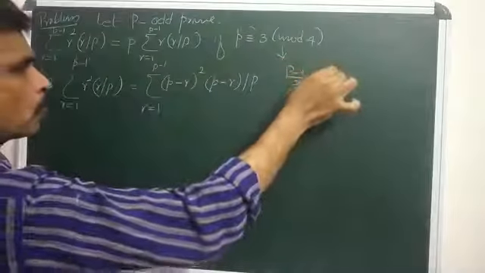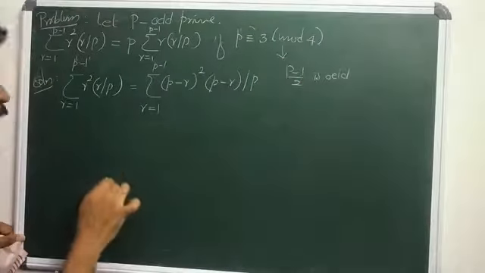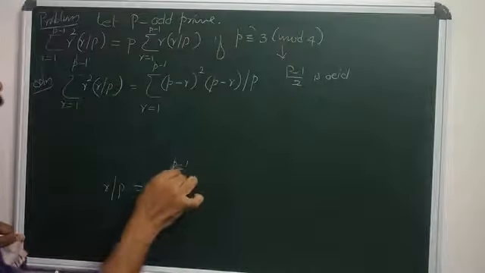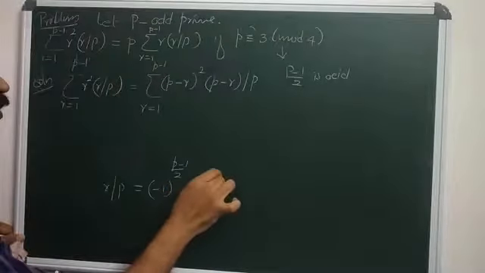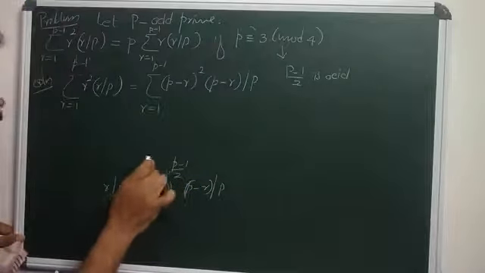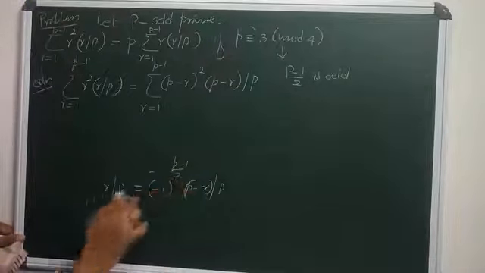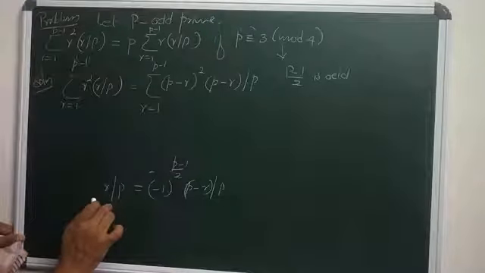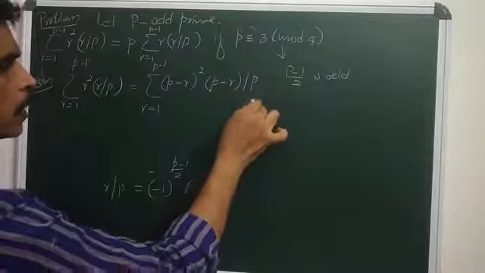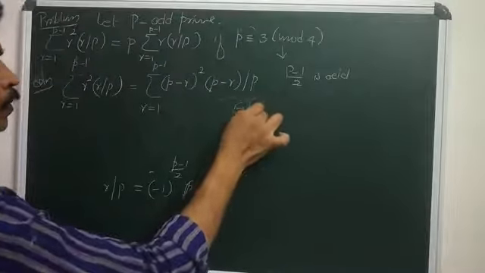So when P is congruent to 3 mod 4, (P minus 1)/2 is odd. But we know that (r/P) equals minus 1 to the power (P minus 1)/2 times ((P minus r)/P). Since this is odd, this becomes minus 1. So ((P minus r)/P) is nothing but minus (r/P). So you can replace this by minus (r/P). Agreed.